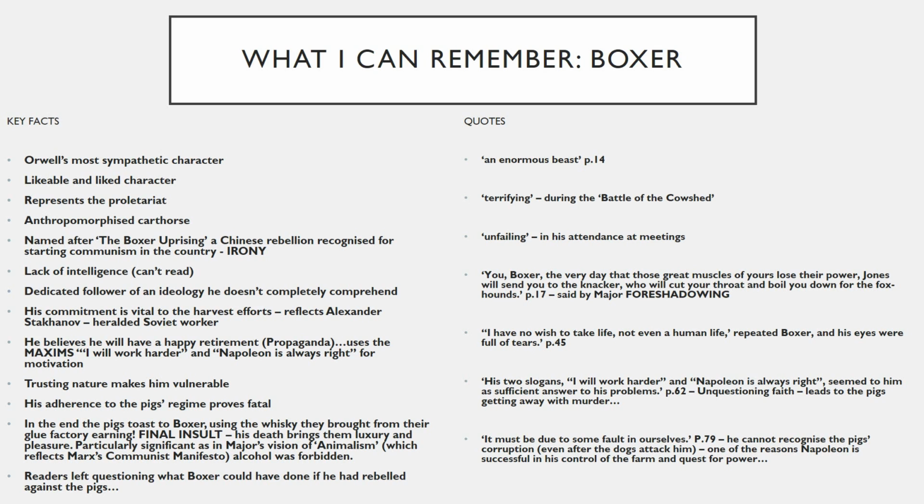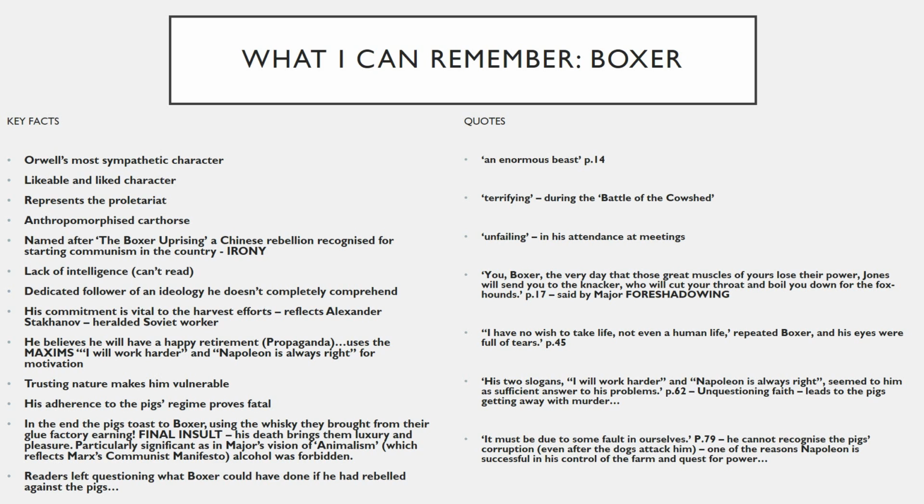At the very end of the novel, the pigs toast Boxer, and they do that using the income that they gained by sending Boxer to be slaughtered at the glue factory. This part obviously made me really angry because I've got those caps locks there, that it's the final insult.